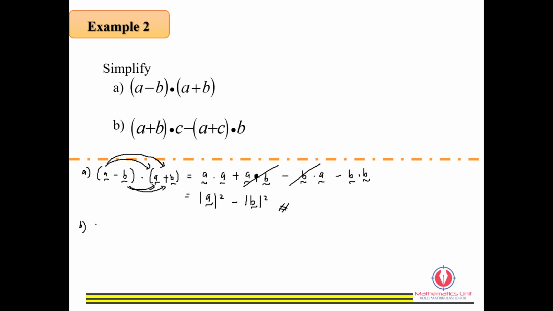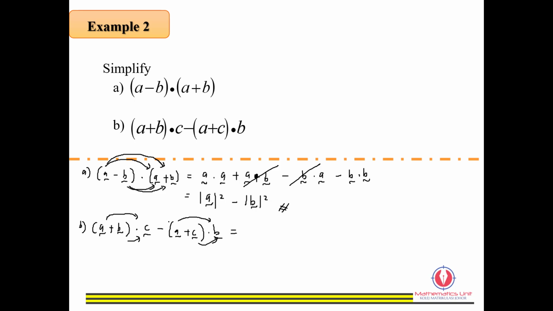Alright, next B. We have vector A plus vector B, dot with vector C, and then minus A plus C dot with vector B. Same as before, we need to expand the vectors.